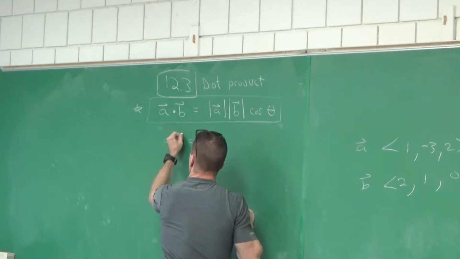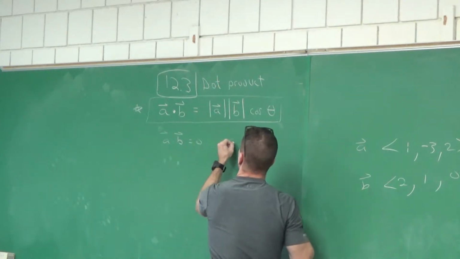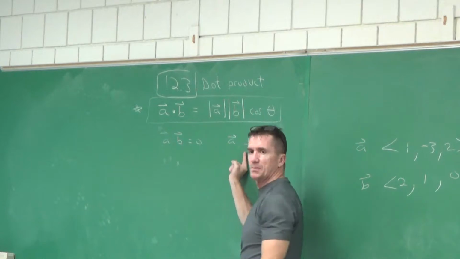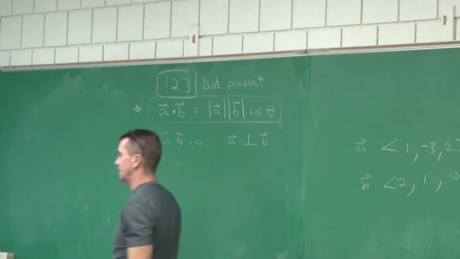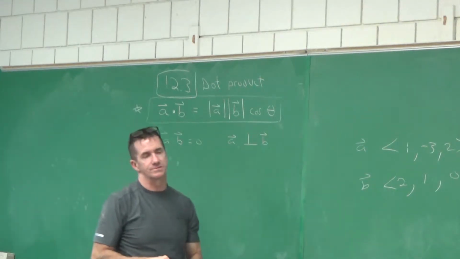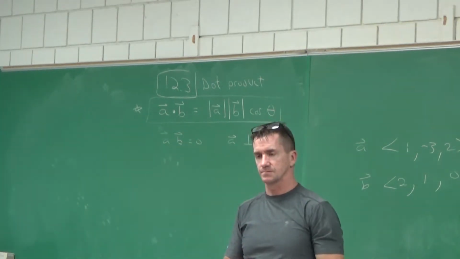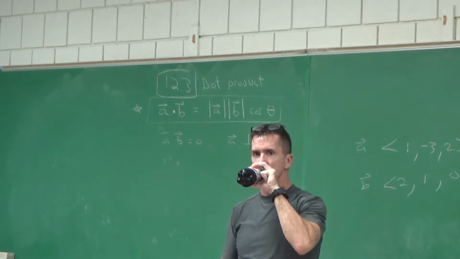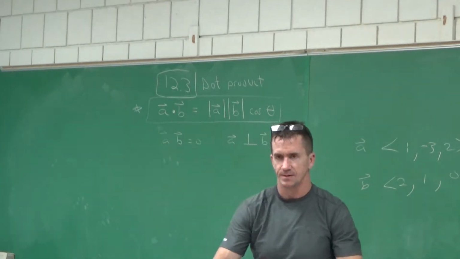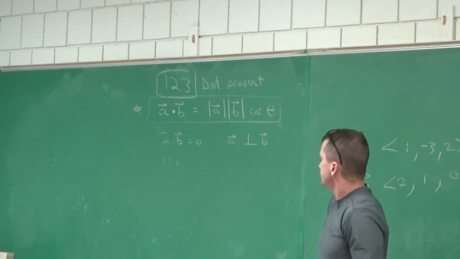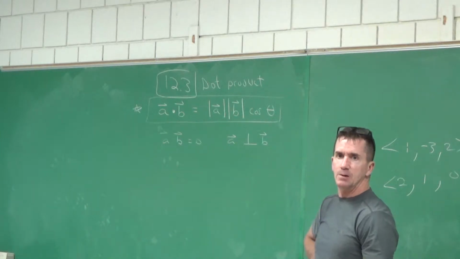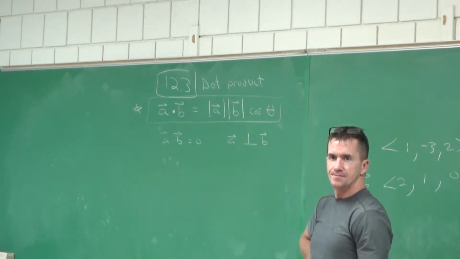Well, that means vectors A and B are, I use that perpendicular symbol, the upside down, they're going to be orthogonal vectors. So it's like a key statement. If A dot B is 0, then they are orthogonal. That's right. If A is orthogonal to B, then A dot B will always have to be 0.